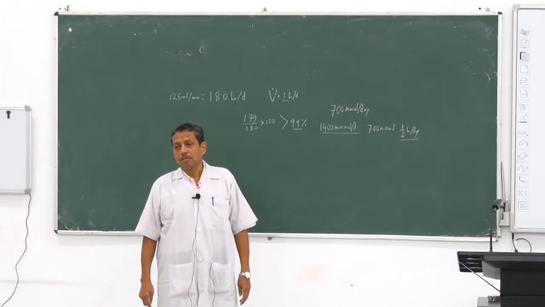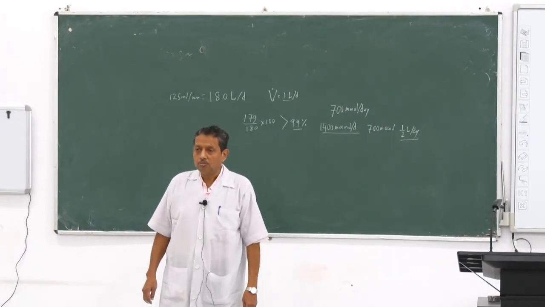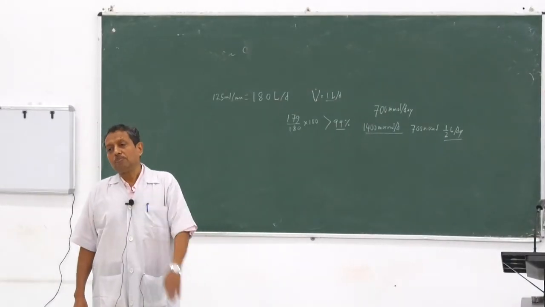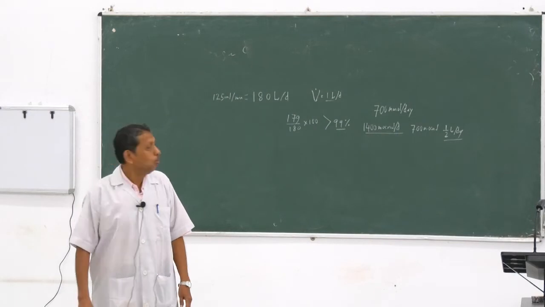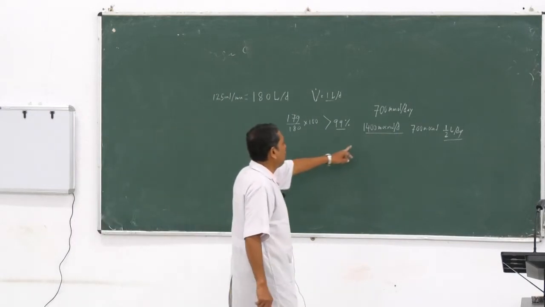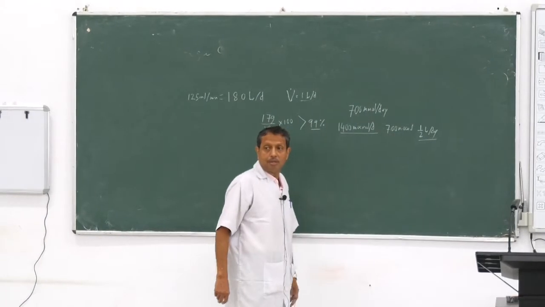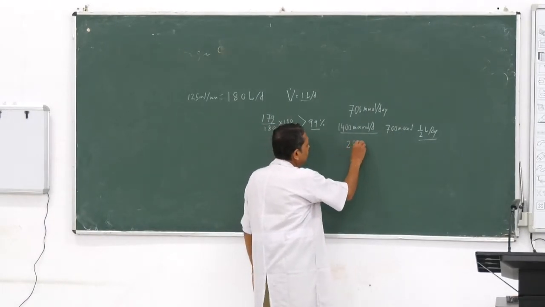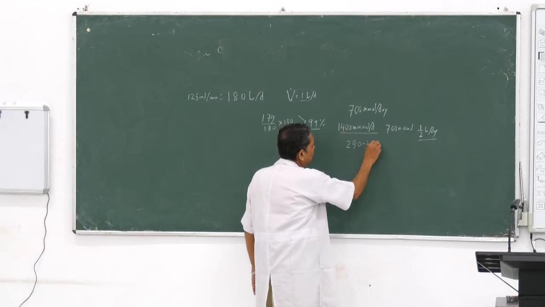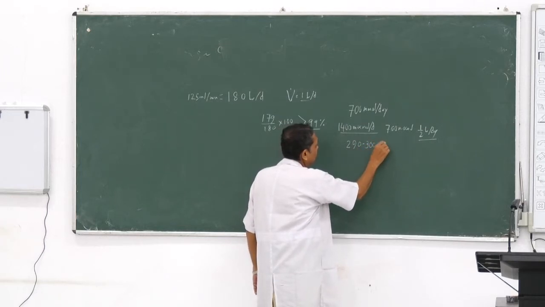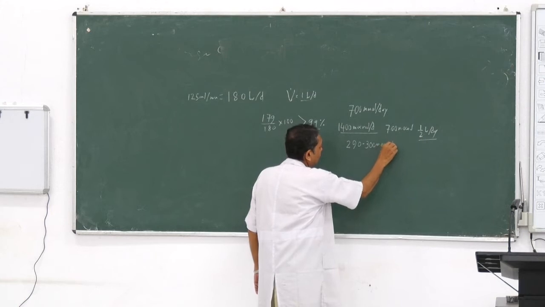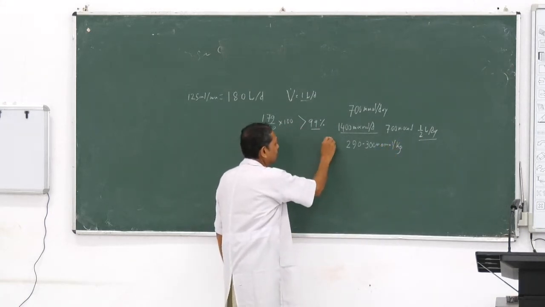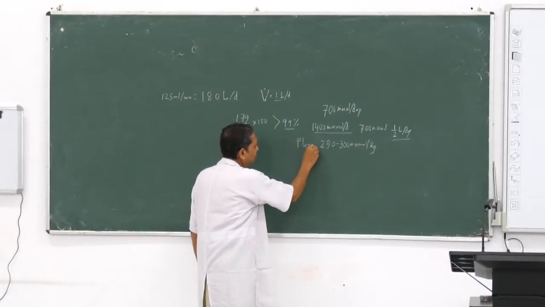Normally it is 1200, but it is possible to concentrate the urine to 1400 milliosmol per liter, and plasma osmolality is normally 290 to 300 milliosmol per kg in plasma or ECF.